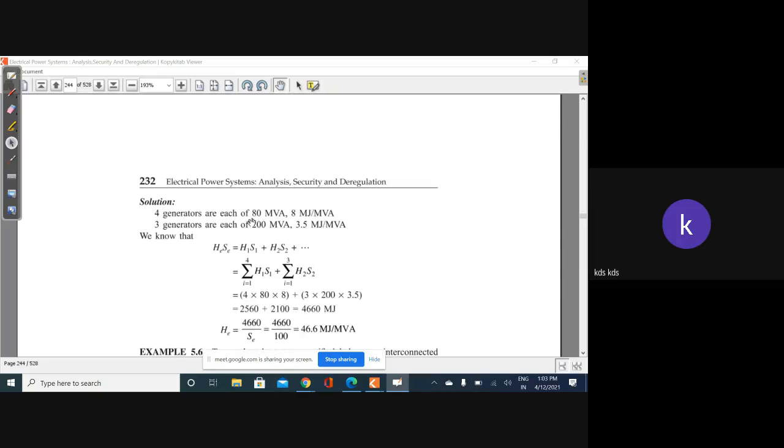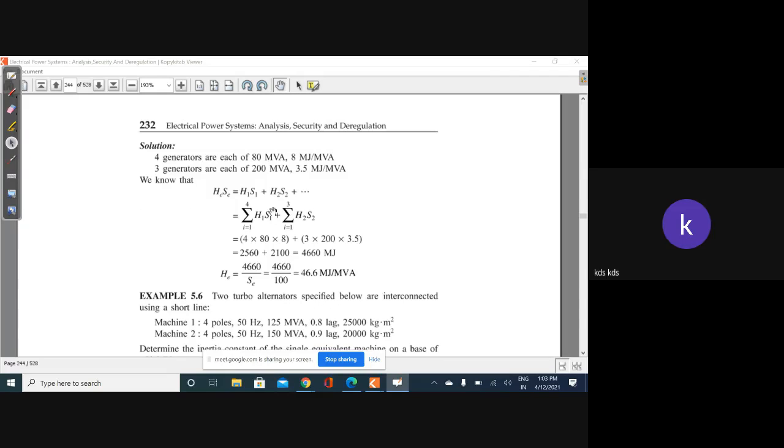For the 4 generators of 80 MVA, we just add up H1 G1, H2 G2, H3 G3, H4 G4, because all the generator kinetic energies have been added up.